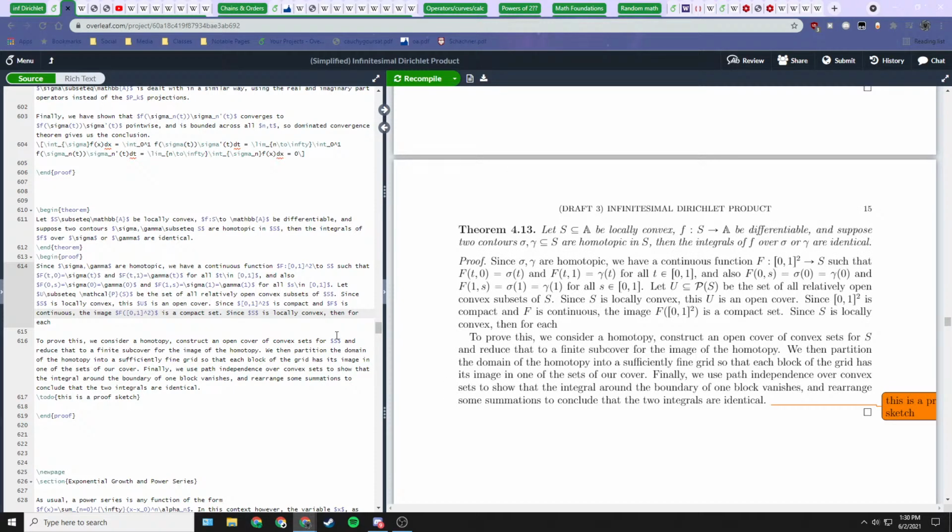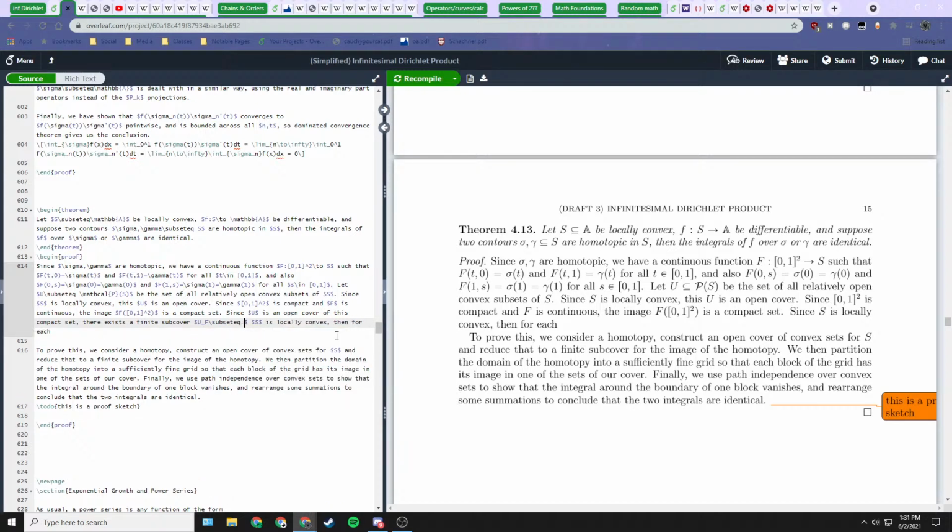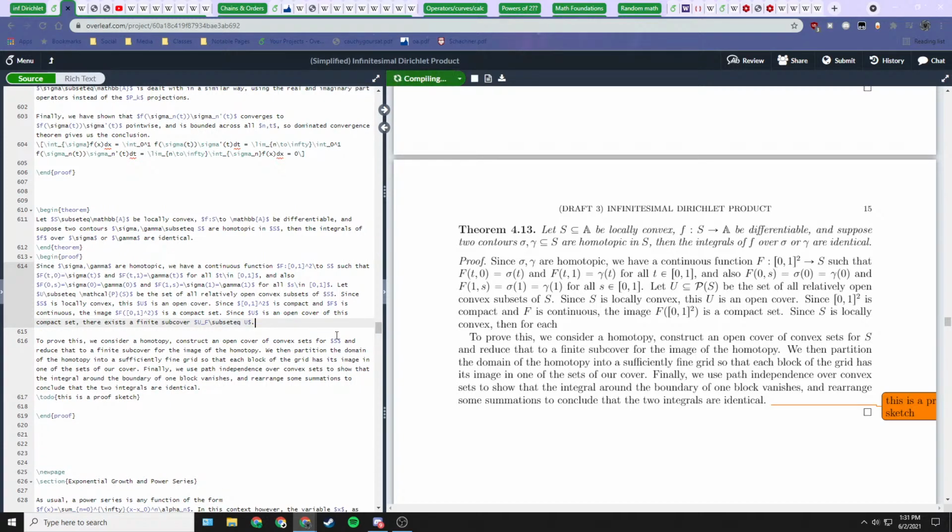Since U is an open cover of this compact set, there exists a finite subcover, which we'll call U sub F, a subset of U. This is the definition of a compact set: every open cover has a finite subcover.